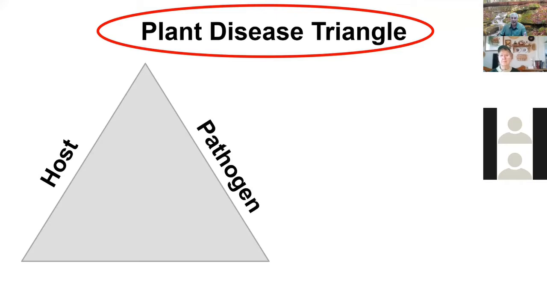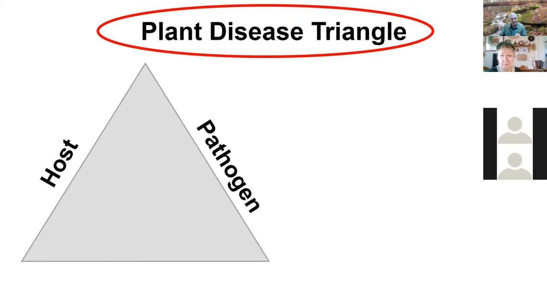We have to have a pathogen. And anytime we run into a situation where we have a monoculture of similar plantings, same species, or maybe same cultivars, we run the risk of those pathogens showing up and exposing themselves to that host plant.